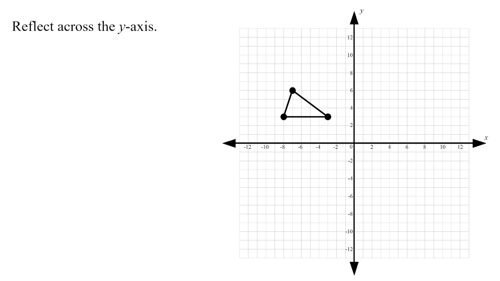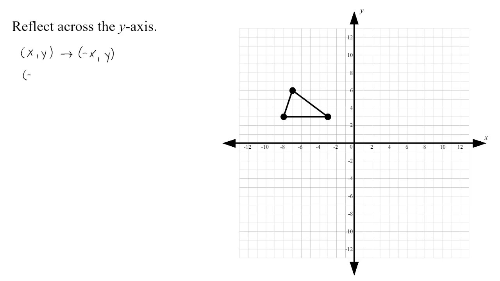Let's say you are to reflect across the y-axis. First, we choose which rule to use. And we use this one. So now that we got the rule to use, let's list our points.